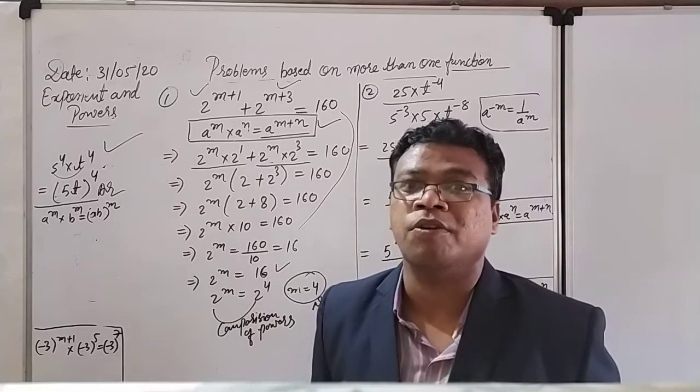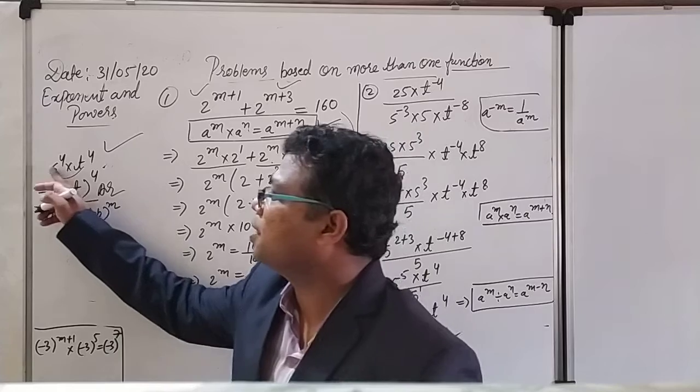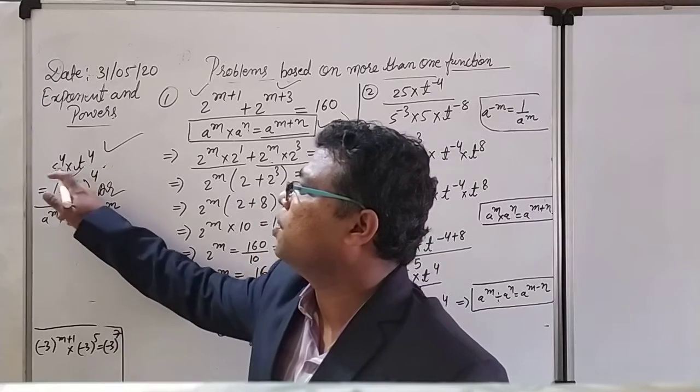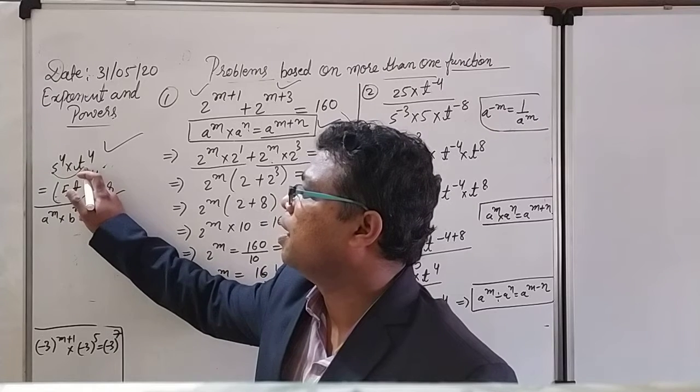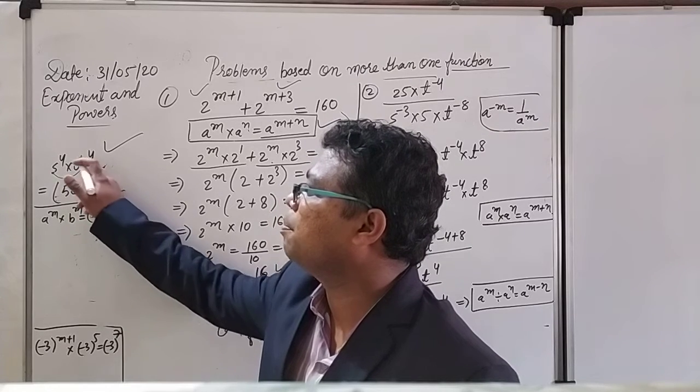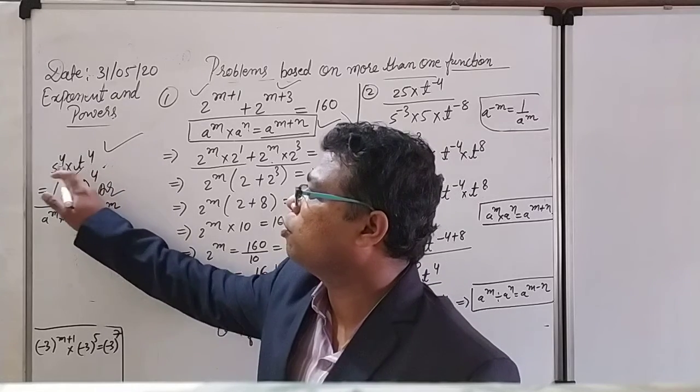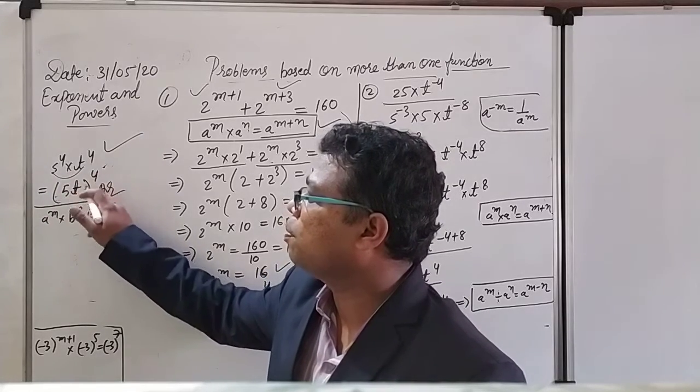So what is that particular rule? I have told you: if the bases are different but their exponents are the same, we multiply both the bases and take the common power. So multiplying both bases means 5t whole power 4.